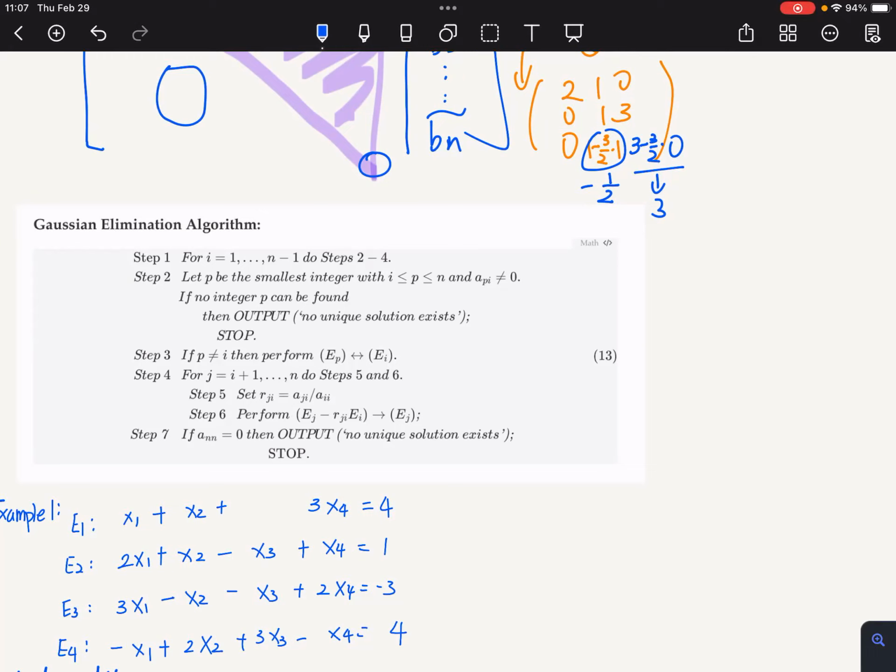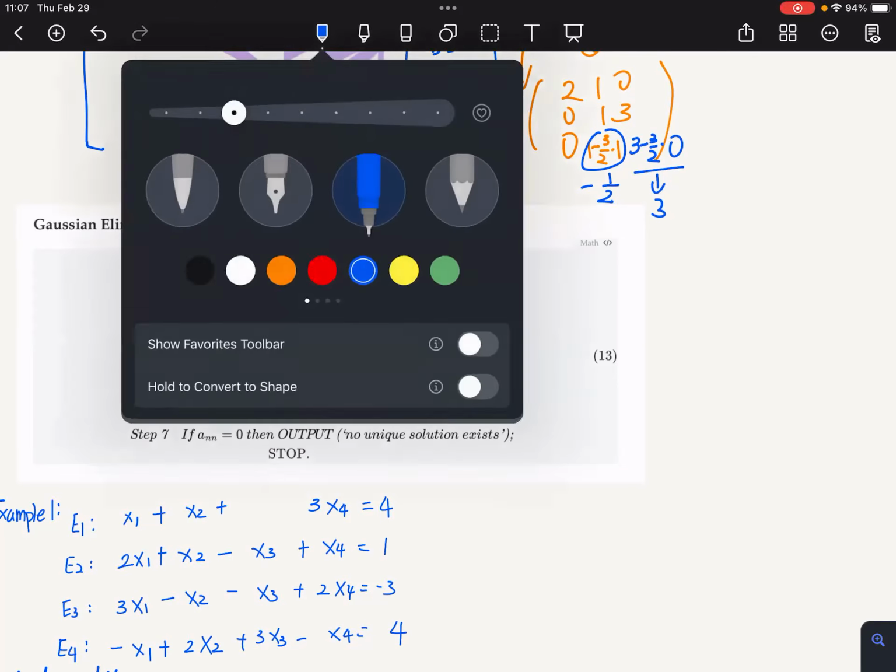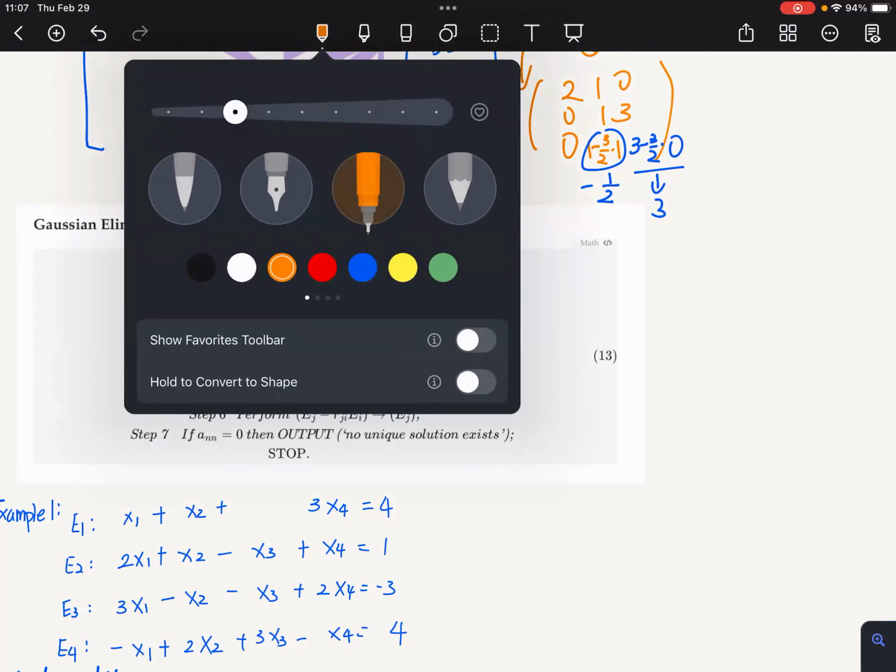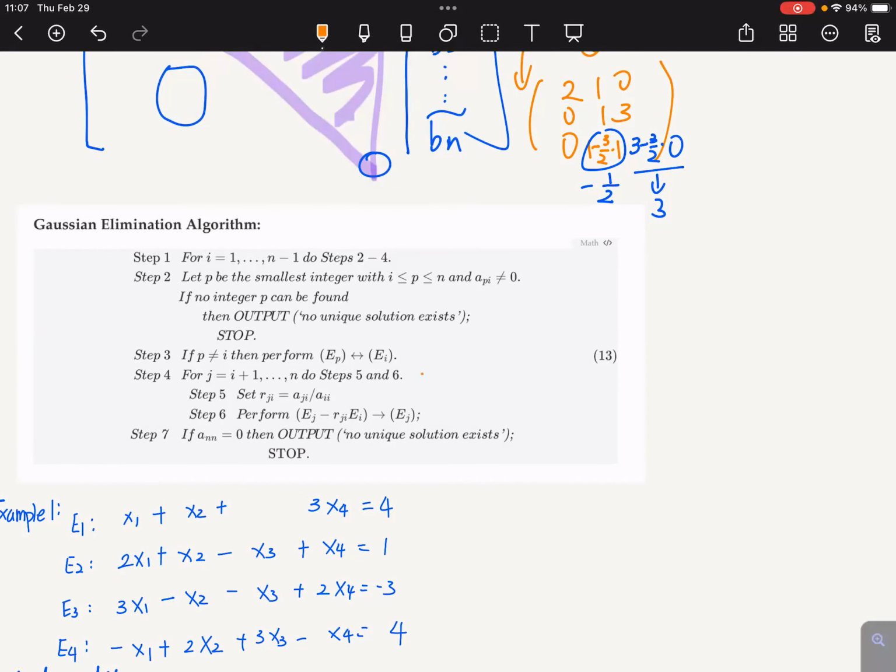So for the whole step 4, how many divisions do we do for one specific i? The divisions number n minus i. And this is the count for the divisions.